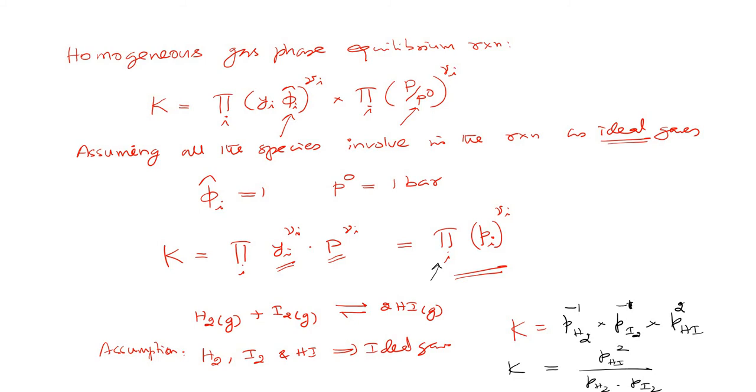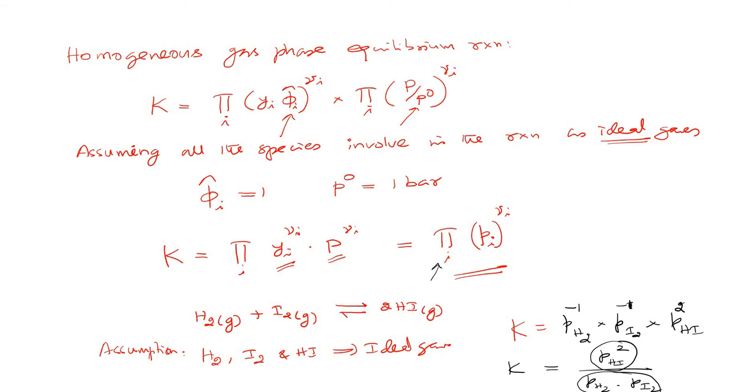If the gases are ideal gases, you can write the equilibrium constant directly, with the partial pressures of the products in the numerator and the partial pressures of the reactants in the denominator. It is very simple.